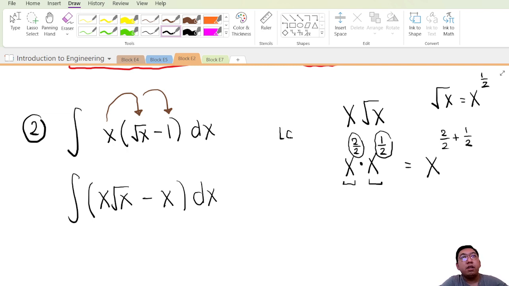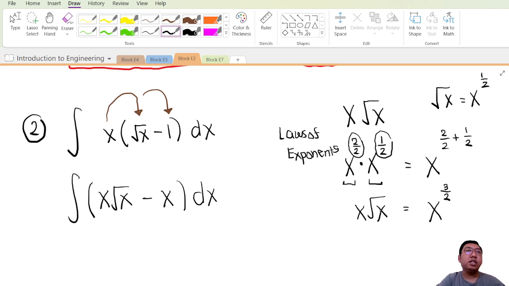If you're not familiar with this, you have to study laws of exponents. Okay? So now, x square root of x can be rewritten as x to the power of 3 halves. So 3 halves is the sum of 2 over 2 plus 1 over 2. Okay, so I hope that's clear.